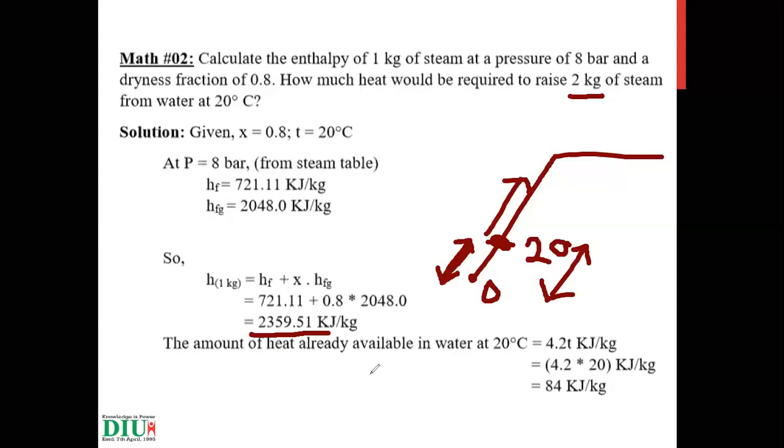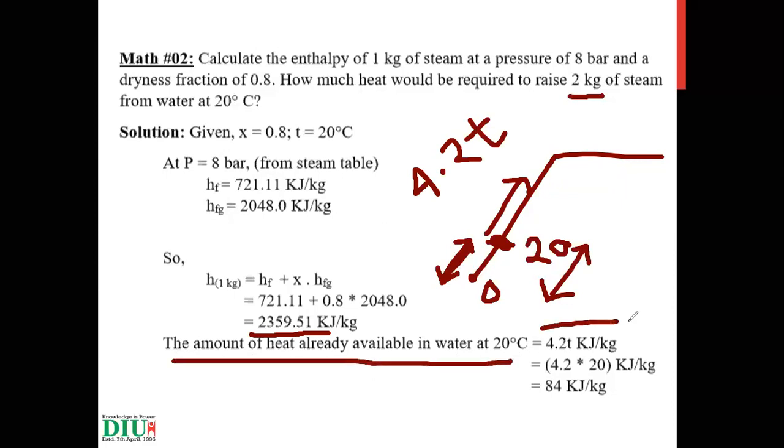So from 0 to 20, we already discussed the equation was 4.2 into T kilojoule. If you remember, 4.2 into T, where T is the temperature difference. So for 20 degrees Celsius, the amount of heat already available in the water is 4.2 into T. Here 4.2 and T, from 0 to 20, is 20.